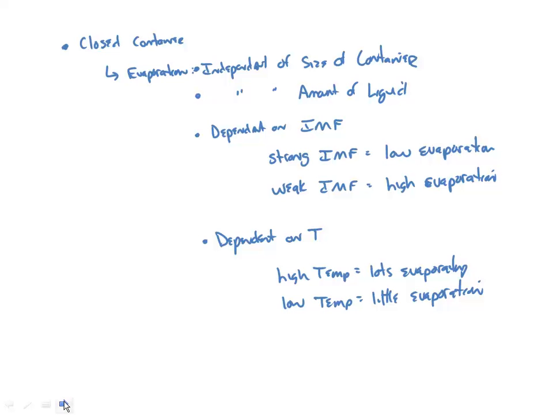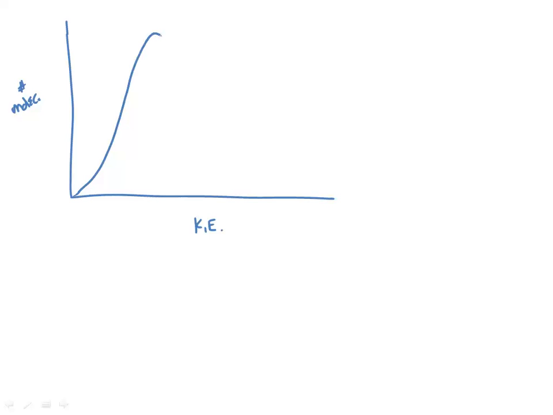Another way we can think about it is if we draw this graph, and I like this graph. It actually shows up in Chapter 9 also, but since we're doing it out of order, this will be your first time seeing it. If this is the number of molecules, then this is the kinetic energy of those molecules. If I have a low temperature, I have a lot of molecules with very little kinetic energy, and then that graph dies off like that.